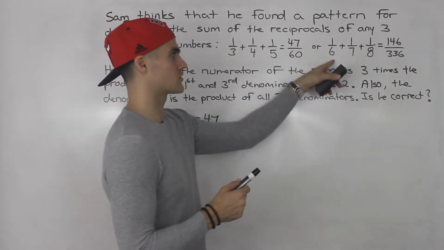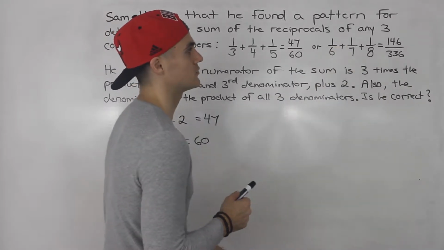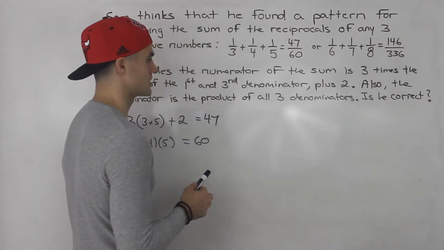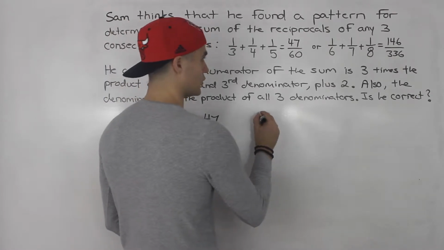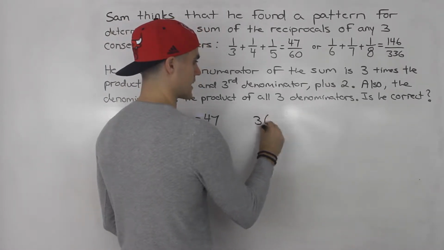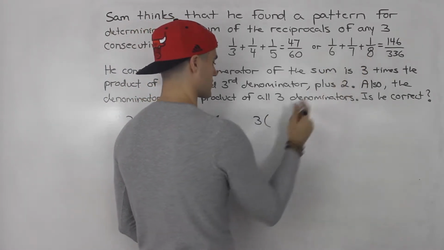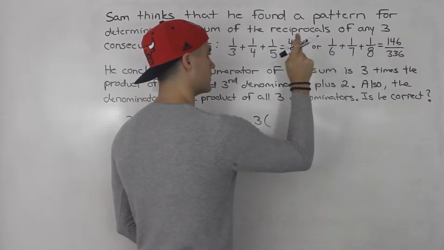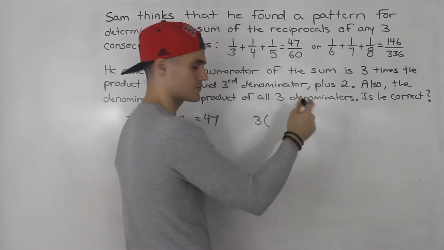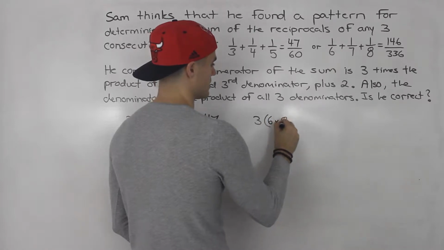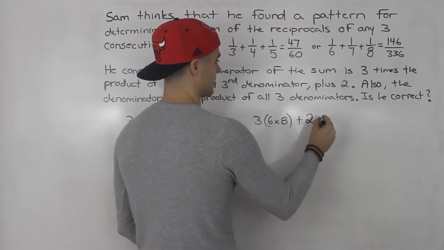What about this one? 1 over 6 plus 1 over 7 plus 1 over 8 is equal to 146 over 336. So again, the numerator is 3 times the first denominator times the third denominator, so 6 times 8 plus 2.